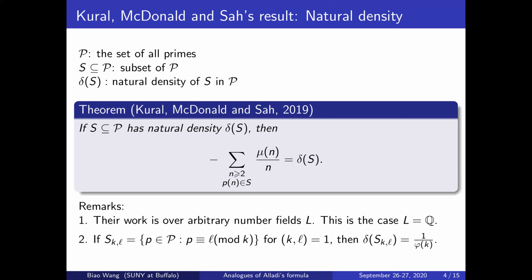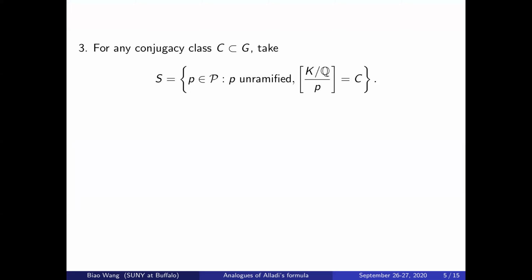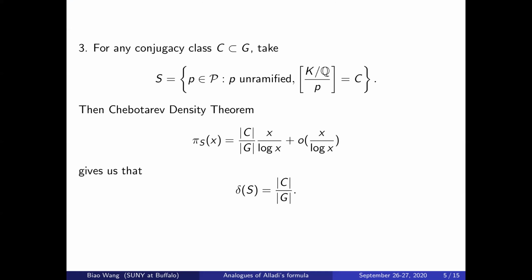Second, if you take S to be a set of primes in an arithmetic progression, then you will get Alladi's formula. And then if you take S as follows, then by the Chebotarev density theorem, you will get Dawson's formula.